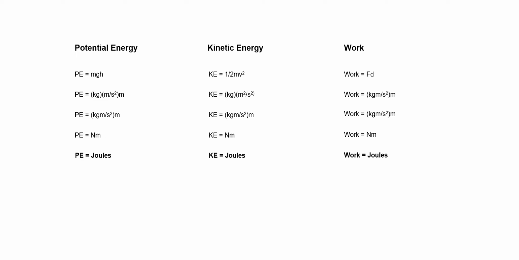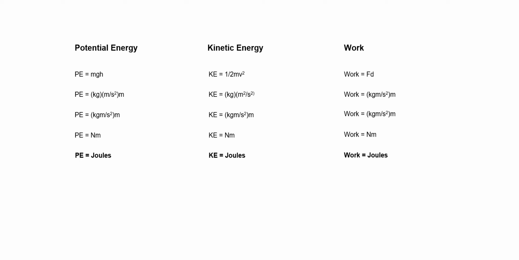Velocity is meter per second, but velocity squared would be meter per second squared. And of course, we break down work, force into kilogram meter per second times a meter. But now if we look at each one of them, we can see that each one, the other two, potential energy and kinetic energy, can also be transferred to kilogram meter per second squared times a meter.